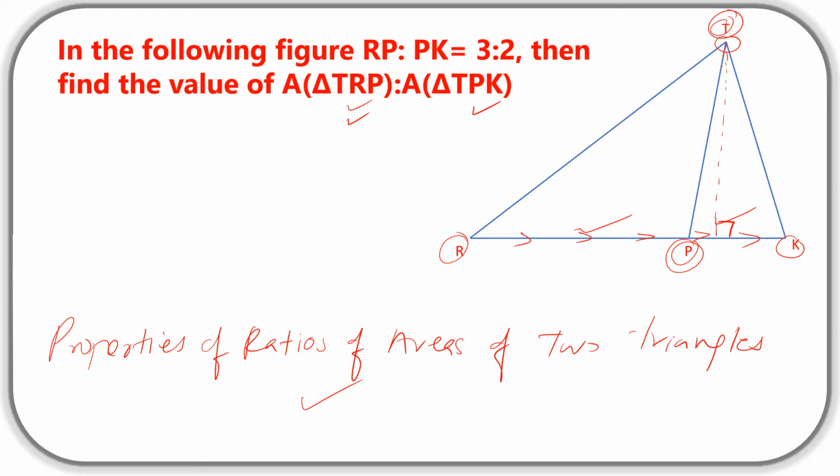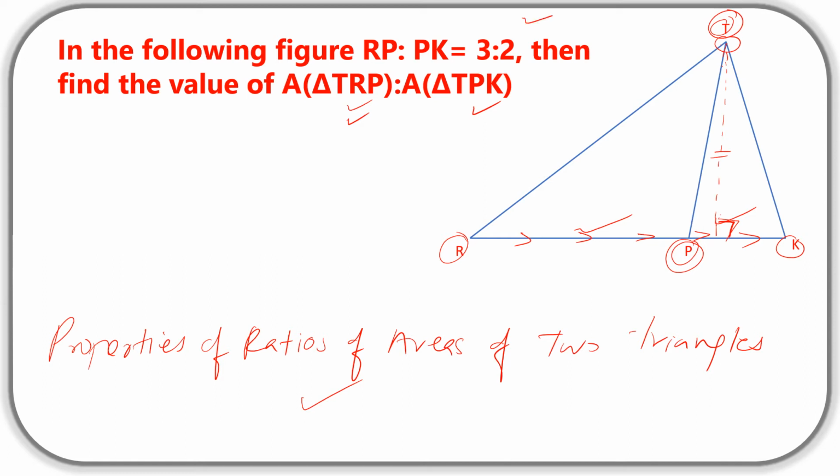So these are two triangles having a common height. So when the height is common, the ratio of the areas of those two triangles will depend purely on the ratio of their bases.